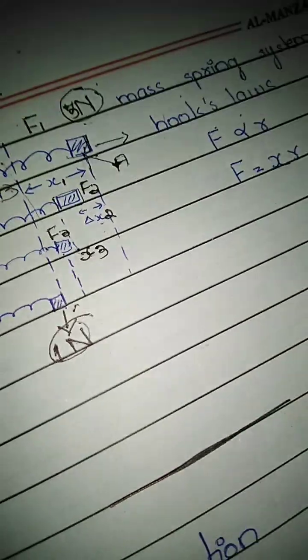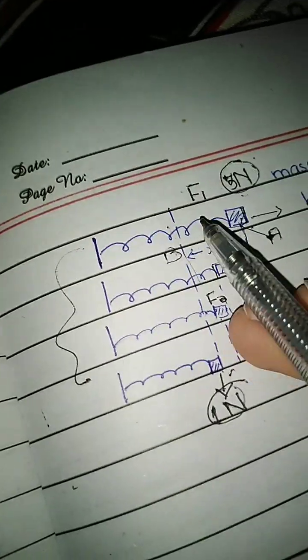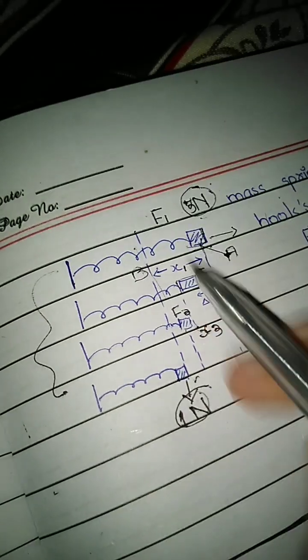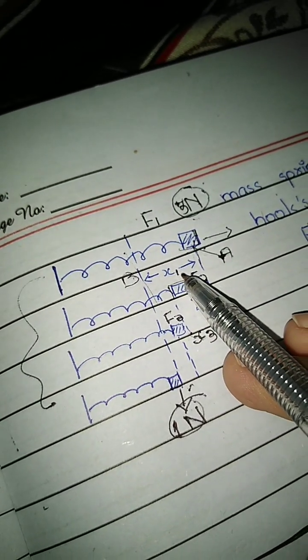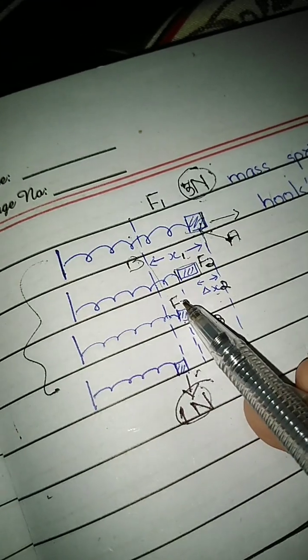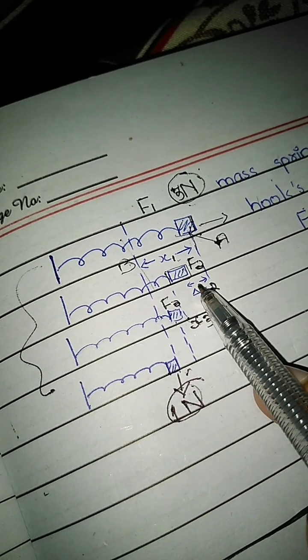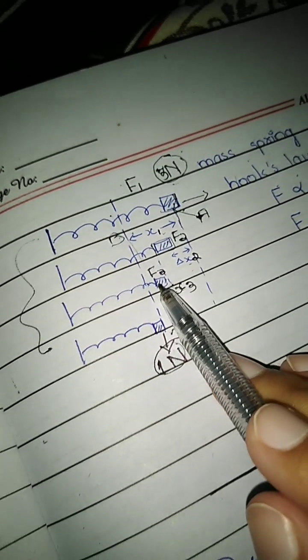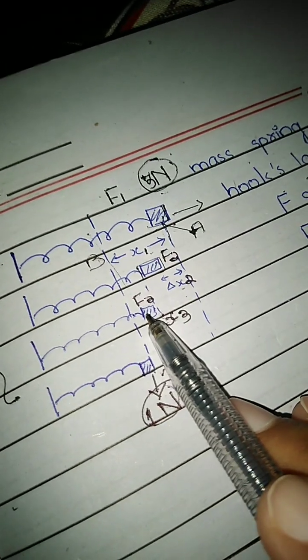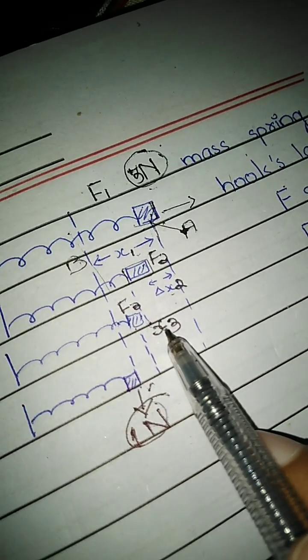d cos theta. So we have to put in the forces that are applied. Here I'm going to calculate 3 forces: F1, the distance covered is x1, then F2, which is less force, and that covers the distance x2, and F3, which is the least force, and it covers the distance x3.